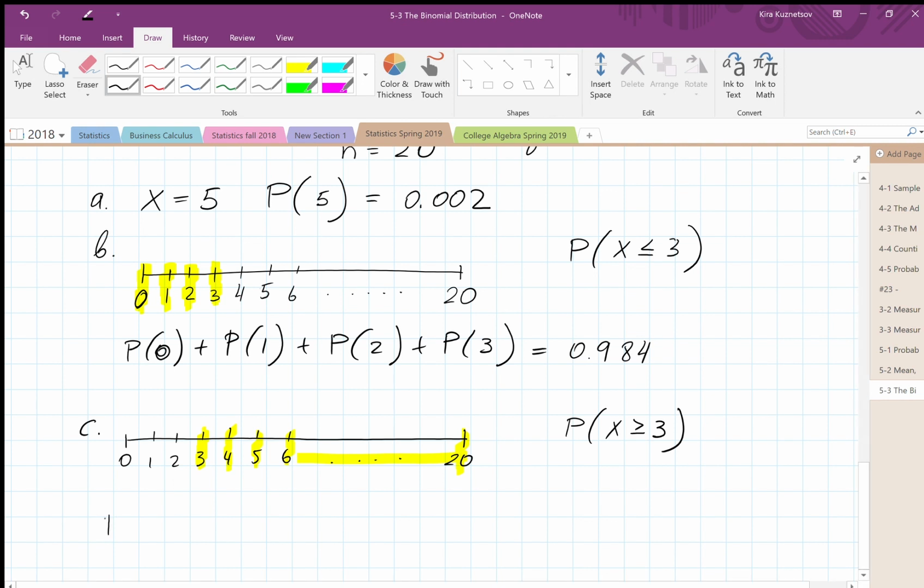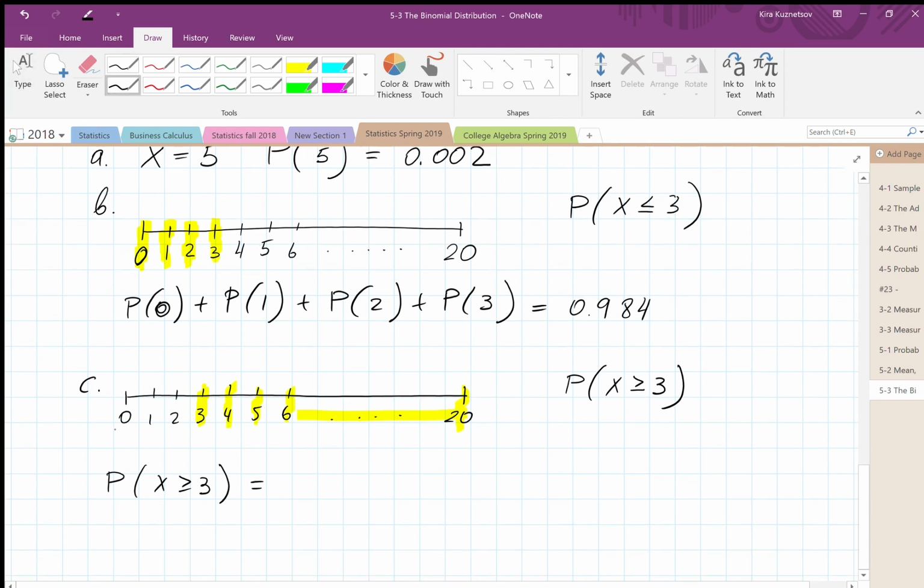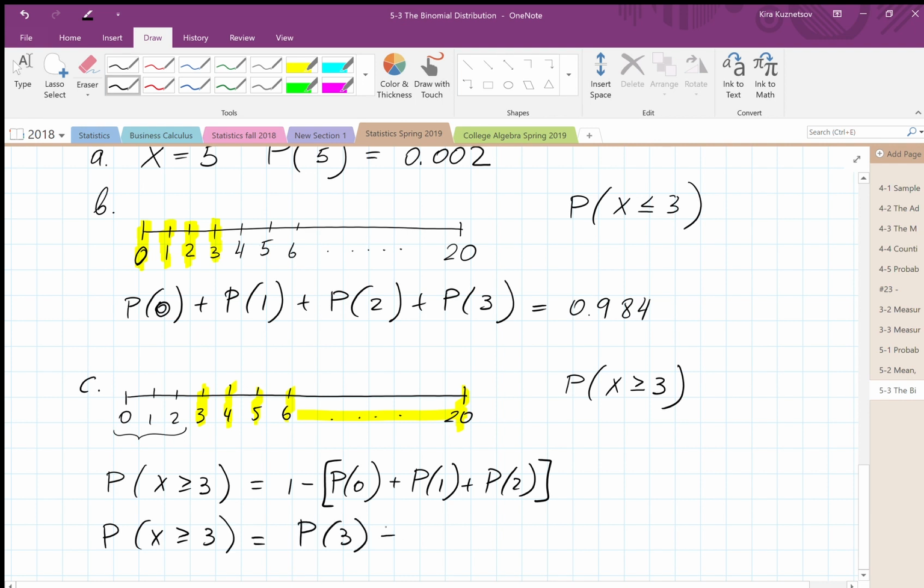In order for me to find this probability of at least 3, you can either look at this like we did in the previous example, where it's 1 minus the probability of 0, 1, 2. I need those parentheses. Or you can look at this as the sum of the probability of 3 all the way through the probability of 20.